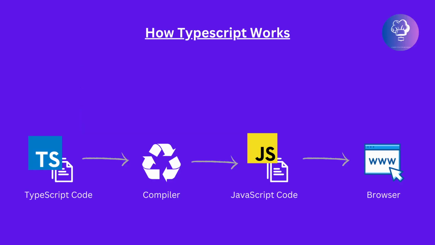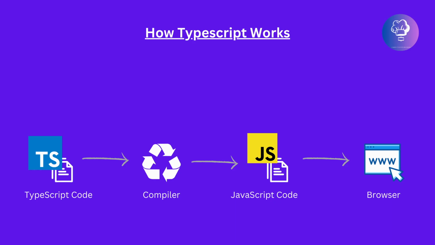So under the hood, this is how TypeScript works. Your browser doesn't know anything about TypeScript. It was made to only understand JavaScript and JavaScript only. So as you can see in this illustration, in our project we provide some TypeScript files, some TypeScript code that we are going to send by running some commands to the TypeScript compiler.